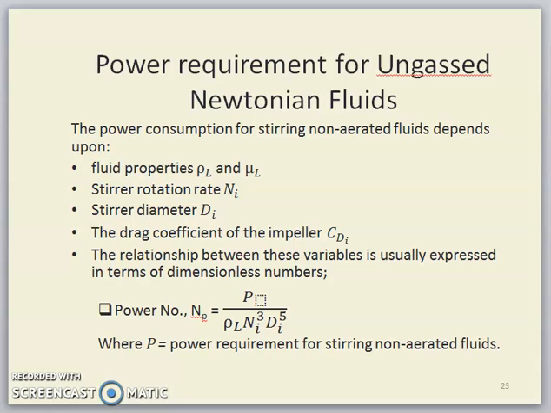For the requirement of ungassed Newtonian fluids, the power consumption for stirring non-aerated fluids, meaning we did not sparge any gas in the fermenter, depends upon the fluid properties based on the density and the viscosity, the stirring rotation rate, Ni, the tip speed or the rotational speed, the stirrer diameter, Di, and the drag coefficient of the impeller, CDI.